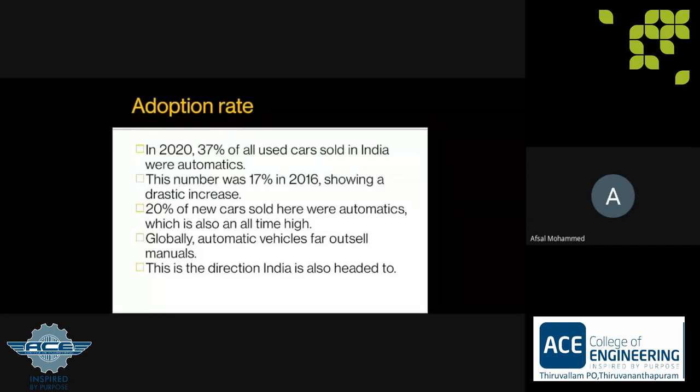And in some countries where automatics were seen from a much earlier period, such as the USA, almost all cars are deemed to be automatics, and manuals are the rarer option. For example, some cars with a manual are considered to be unicorns in the USA because they don't get to see much of them. And this is the direction that India is also headed to, as we can see from the growth of the number.